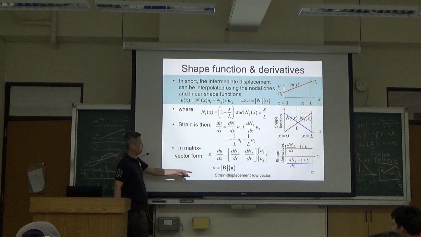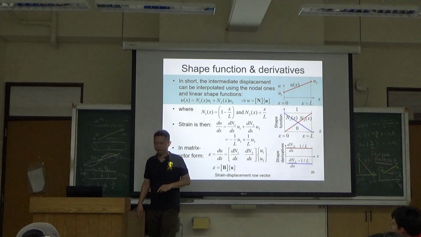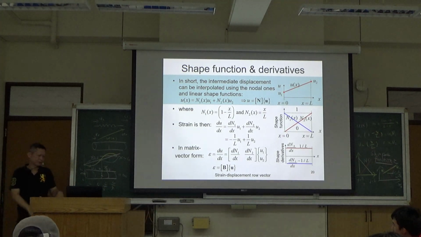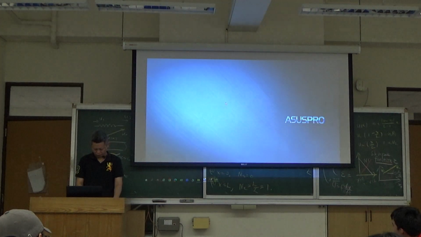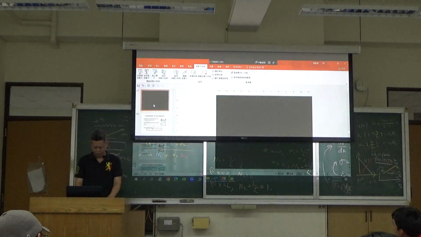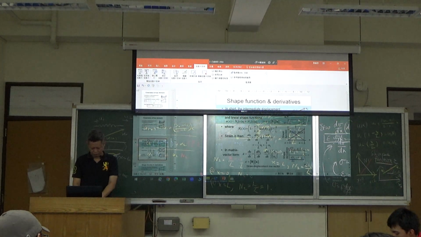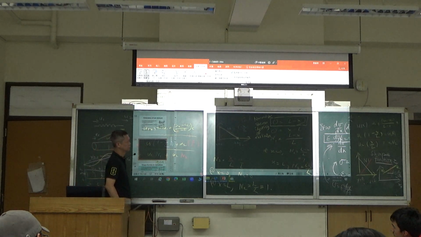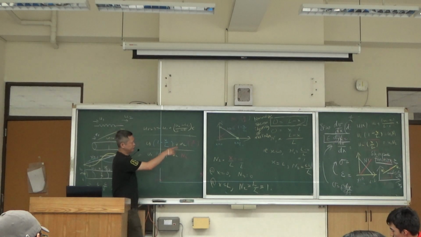Okay, and I'm going to define the strain as the B matrix times U. Okay, so this is the complication, but we try to do it. Okay, we have derived this.